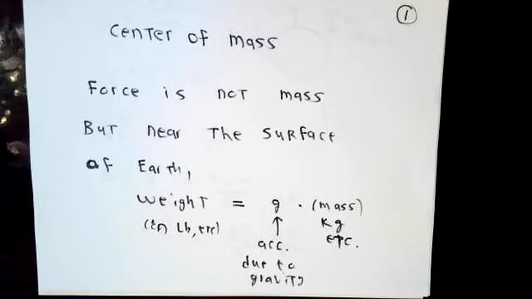It's roughly 9.8 meters per second squared, or 32 feet per second squared. A reasonable question is to ask, if you change your distance from the center of the Earth by a little bit, how much does the acceleration due to gravity change? So before we get going, I want to look at that.